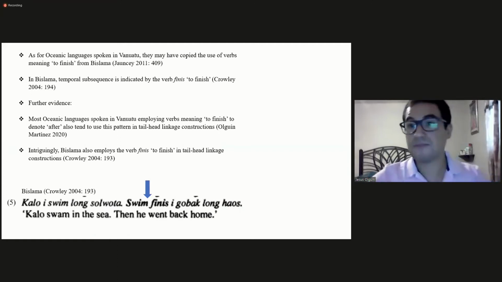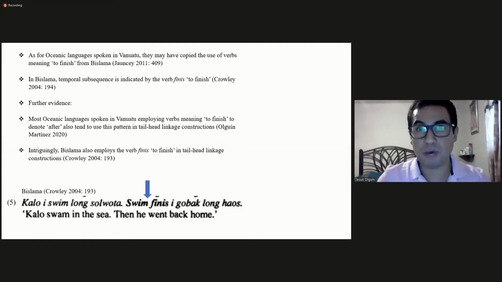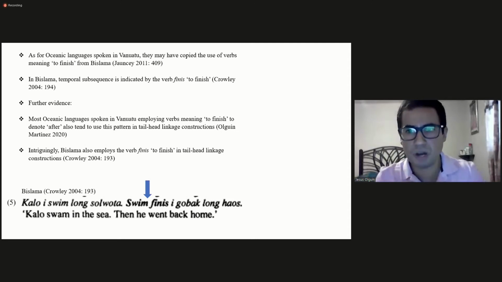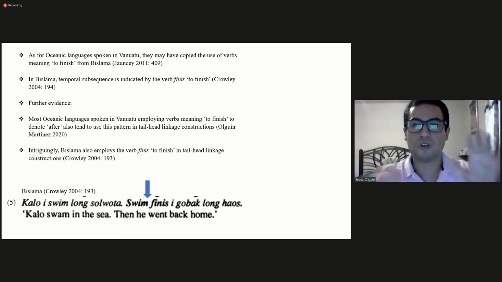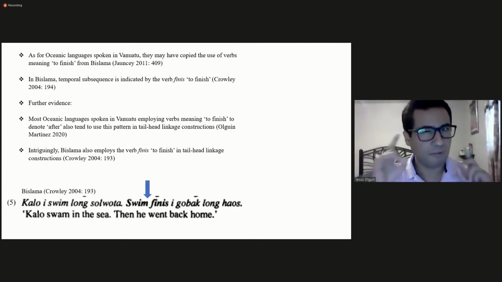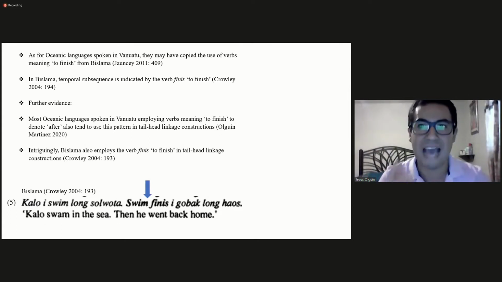But as for Oceanic languages spoken in Vanuatu, they may have copied the use of verbs meaning to finish from Bislama. In Bislama, temporal subsequence is indicated by a verb meaning to finish. So it seems that these Oceanic languages copied this pattern from Bislama. Now, further evidence comes from the following aspect.